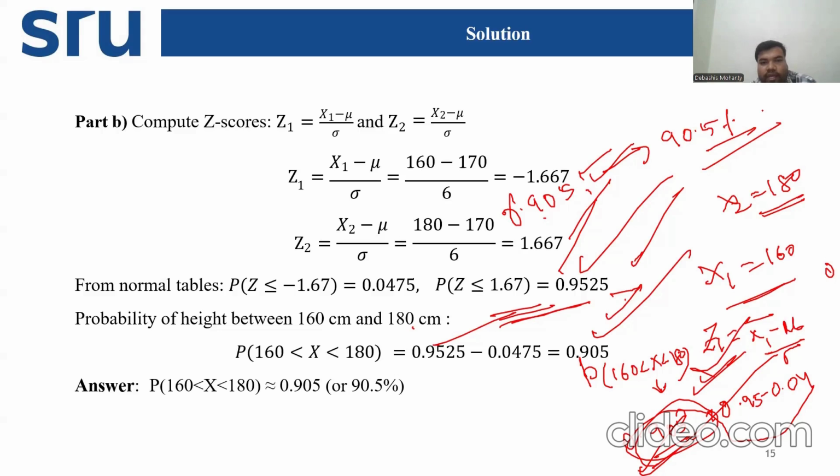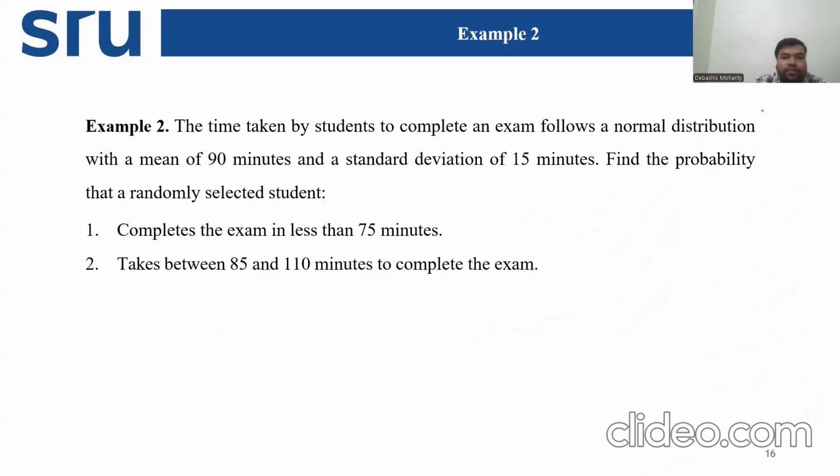But here we cannot take only one x value, because between two given values you need to calculate between 160 and 180. So that's why we are using 160 as x1, 180 as x2. Okay, understood? Next, coming to the next question.